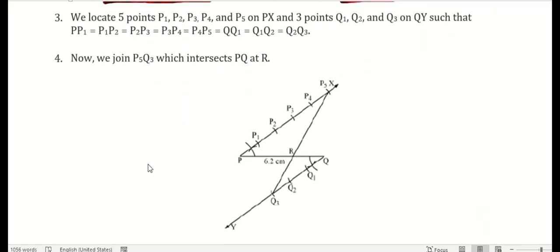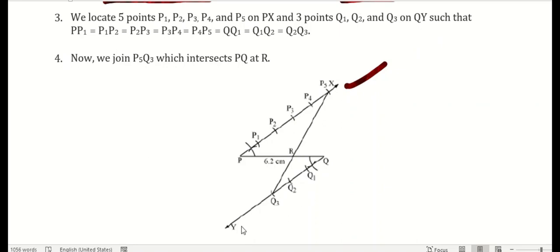Let's see on the screen. Here we locate 5 points P1, P2, P3, P4, P5 on PX. Where is the PX? Here is the PX. But how can we draw? Make an acute angle. First of all, you take an arc, then cut it, and you can go one by one. All the divisions of the line segment equal, and 3 points Q1, Q2, Q3 on QY.